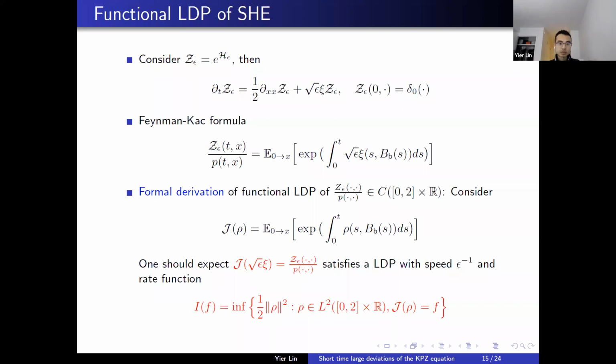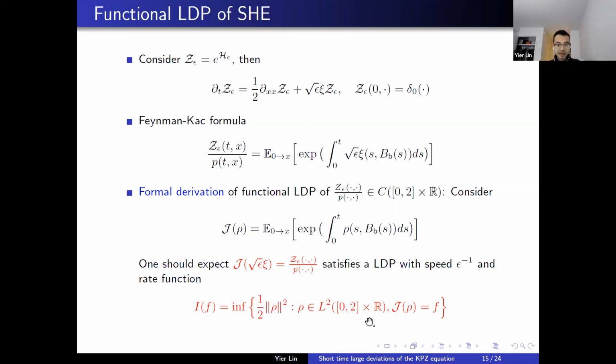So at the formal level, you can guess that the large deviation of the trajectory of your stochastic heat equation can be obtained by pushing forward the large deviation of the space-time white noise under this map J. By formally applying the contraction principle, you can guess that the stochastic heat equation should also satisfy an LDP with the same speed, 1 over epsilon, as the large deviation for the space-time white noise, and the rate function is given by the following form. It just comes from formally applying the contraction principle.